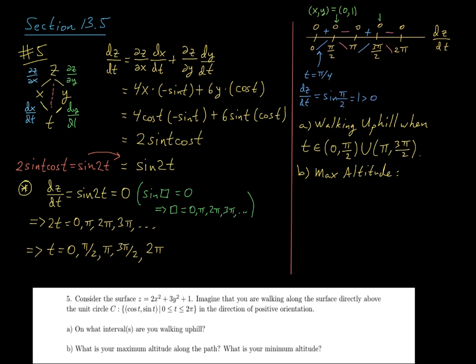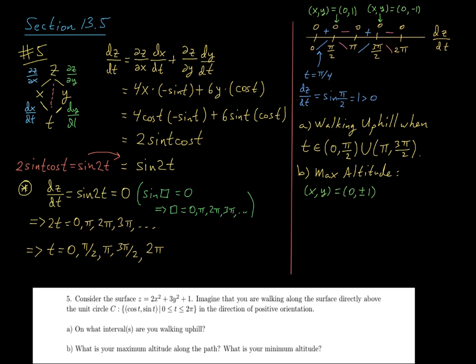Okay, now at 3 pi over 2, our xy would be 0, negative 1. Plugging in 3 pi over 2, we're just at the bottom of the unit circle. So here we're saying we're going to have a max altitude when we're hovering over the locations 0, plus or minus 1.